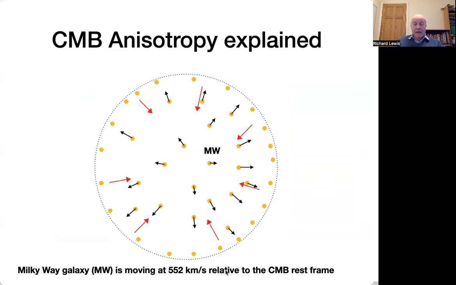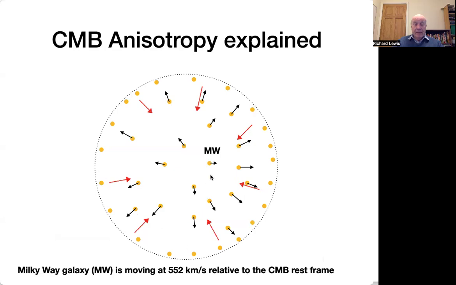We can use the anisotropy to calculate the position of the Milky Way in this figure. So it's moving at 552 kilometers per second relative to the cosmic microwave background radiation, which is coming from all directions uniformly.